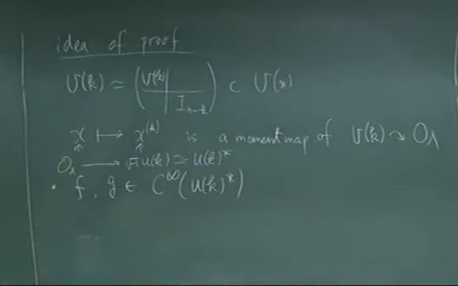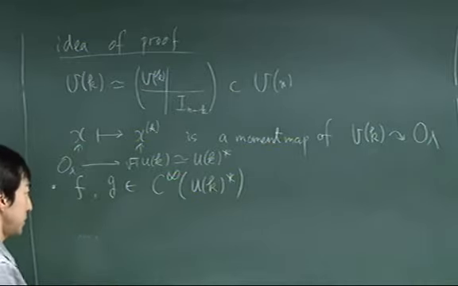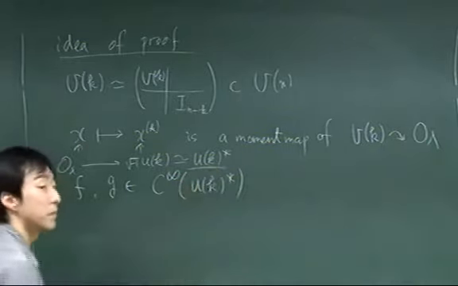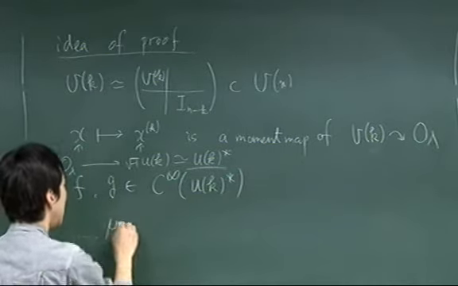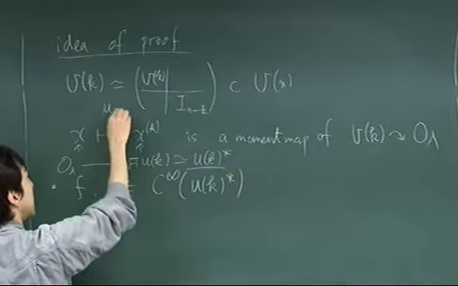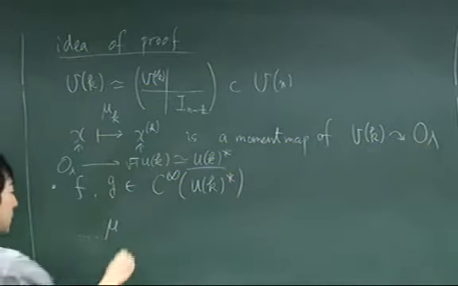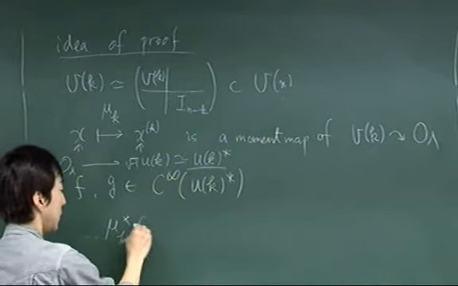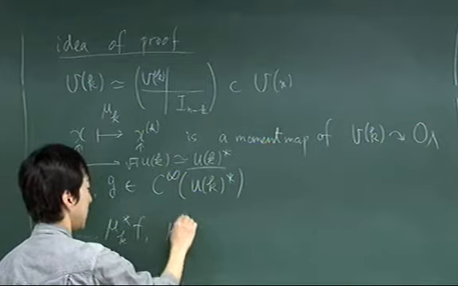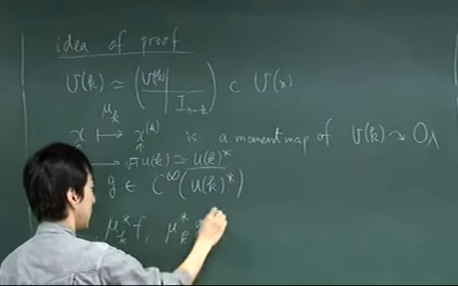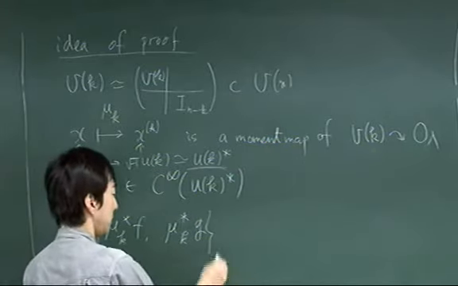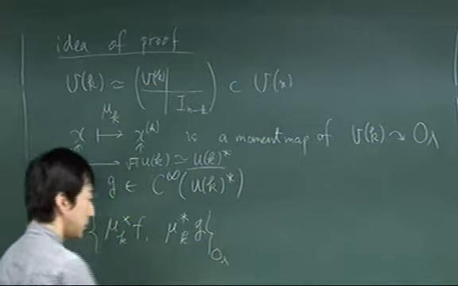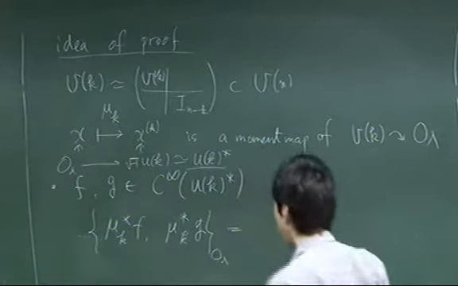Then if we take two functions on the image of the moment map, I write this map by mu k. This is a function on this O lambda, and we can take a Poisson bracket. This is the same as the pullback of the Poisson bracket.